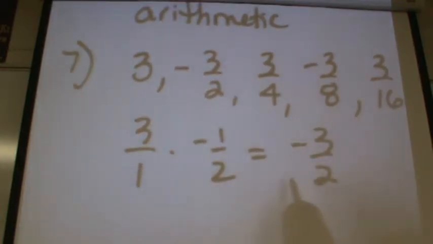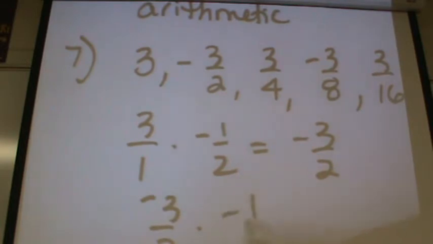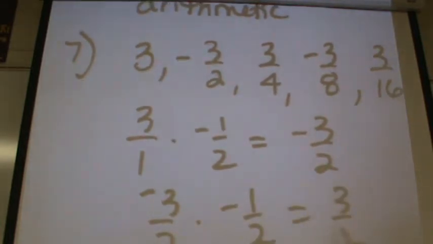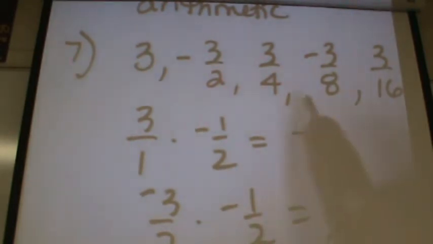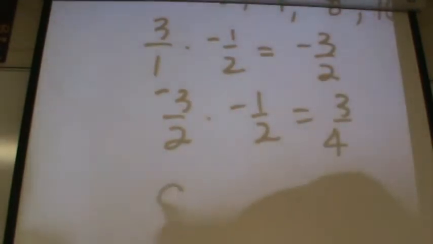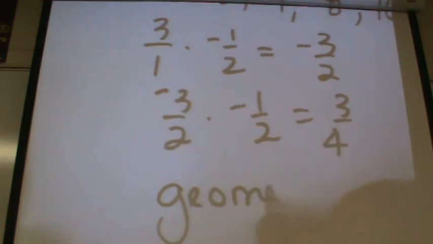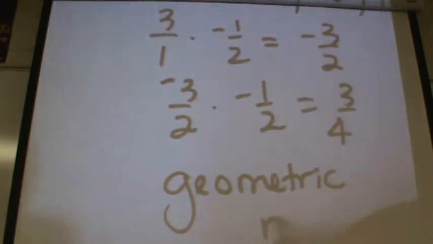And let's check this out. What is negative 3 over 2 times negative 1 over 2? It is positive 3 over 4. And if you keep multiplying by negative 1/2, you get the next term. So this one is geometric, where the common ratio is negative 1/2.